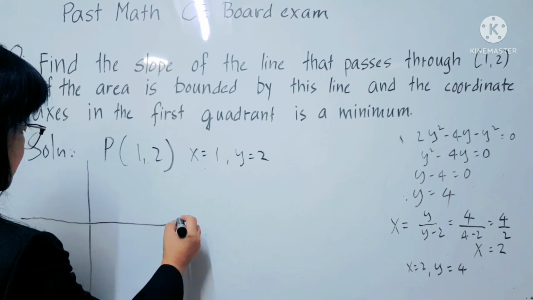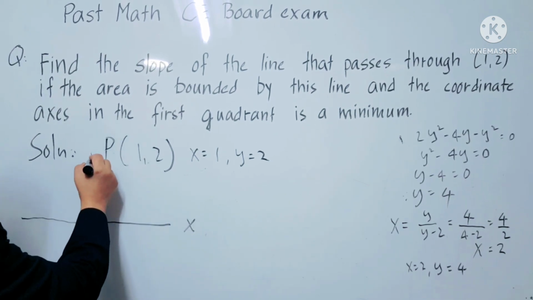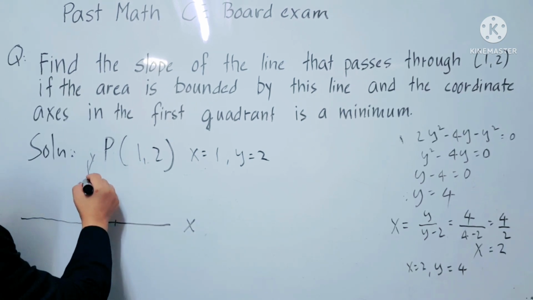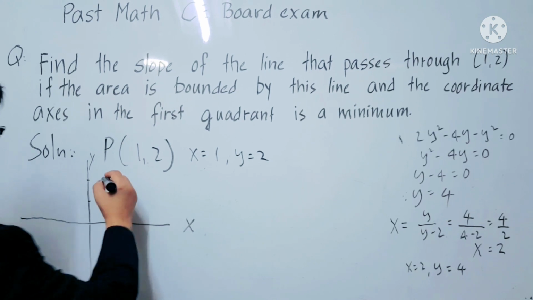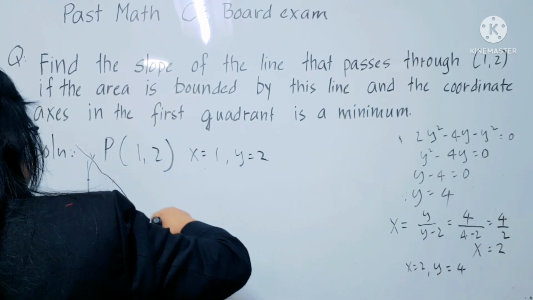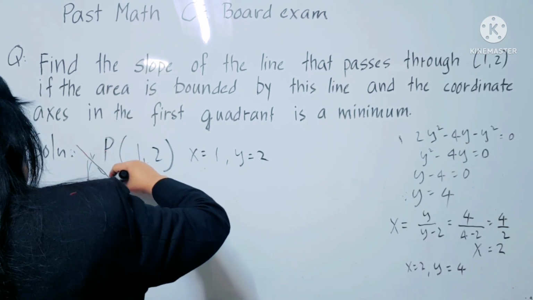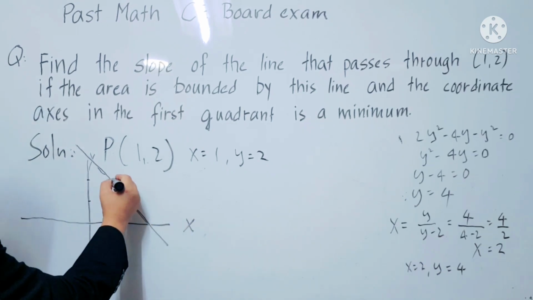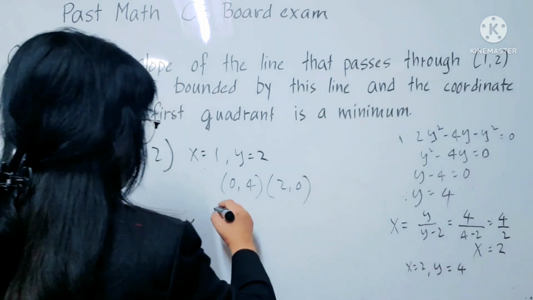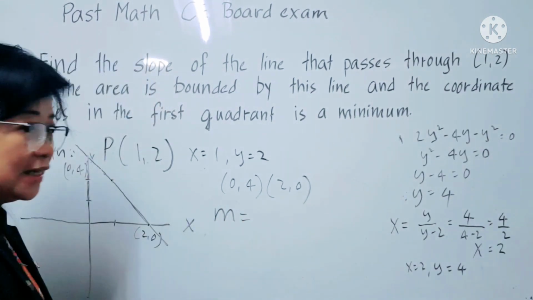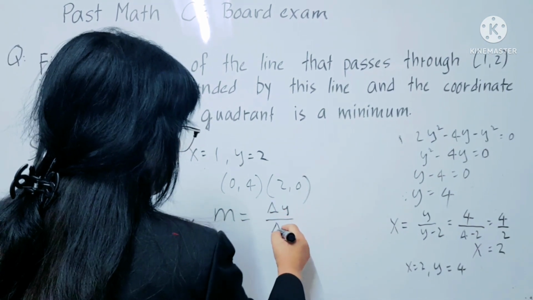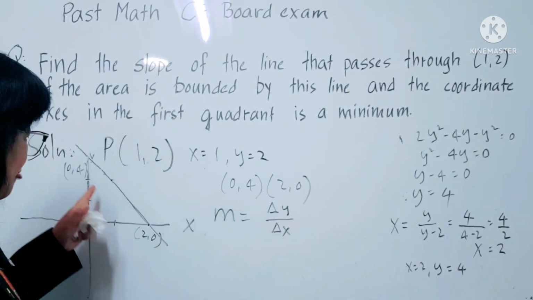Going back to our graph, this is the x-axis, and this is the y-axis. We said that this is 1 and this one is 2, so this is the point, and this is the straight line. As we said earlier, the slope of the line is equal to the change in y with respect to the change in x, or the rise over the run.